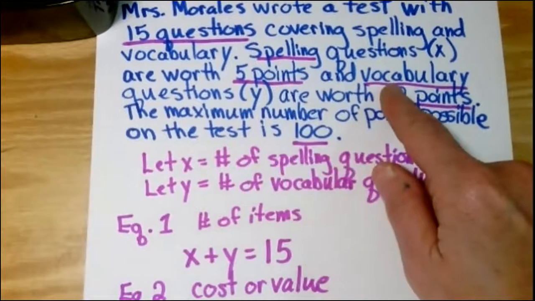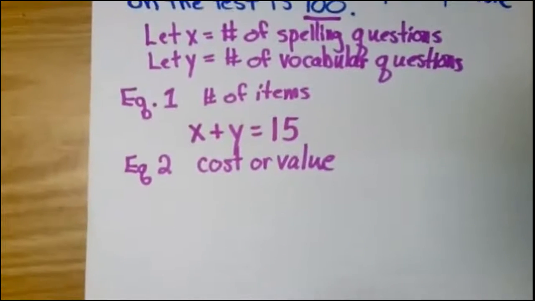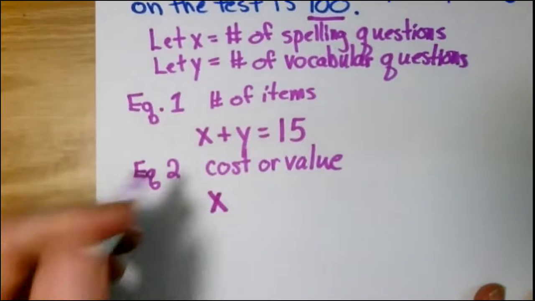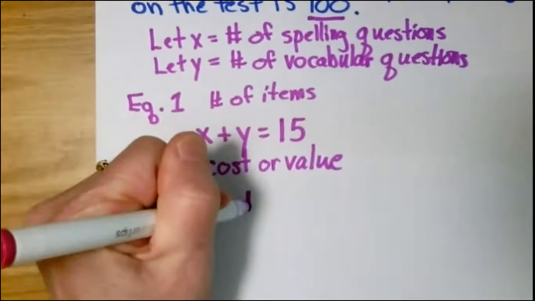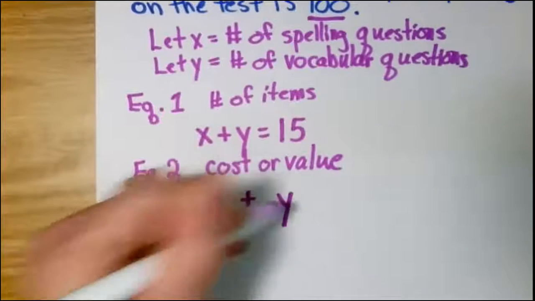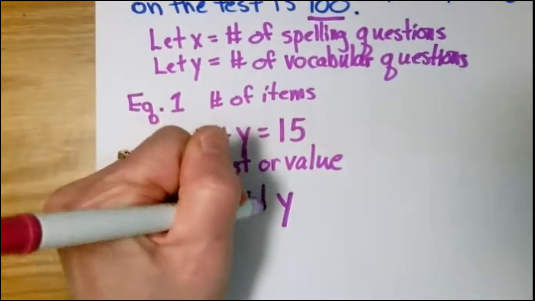The vocabulary questions are worth 10 points. So that'll help us make our value equation. So there's X number of spelling questions times 5 points per question, right? Plus there are Y amount of vocabulary questions, and they're worth 10 points each.